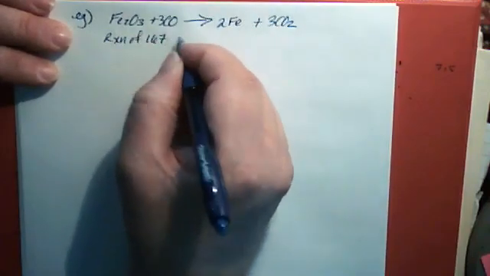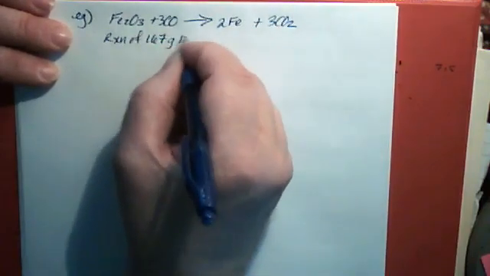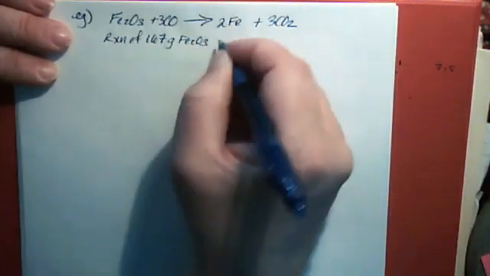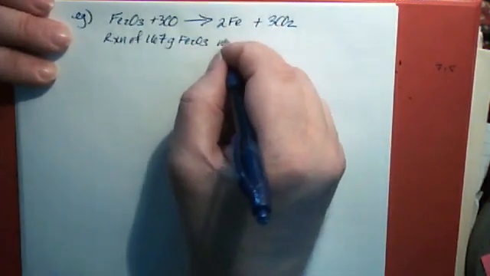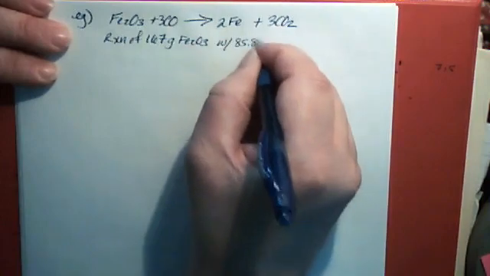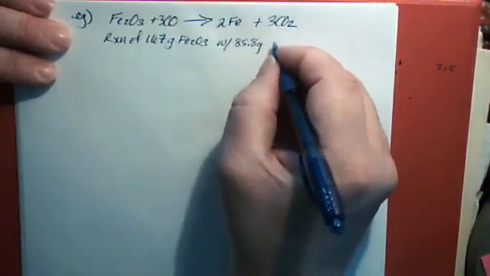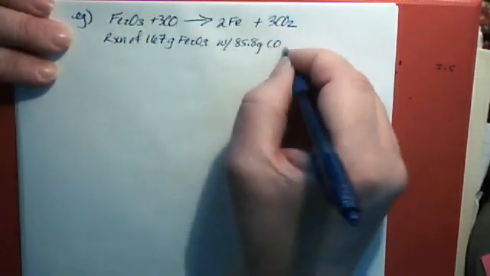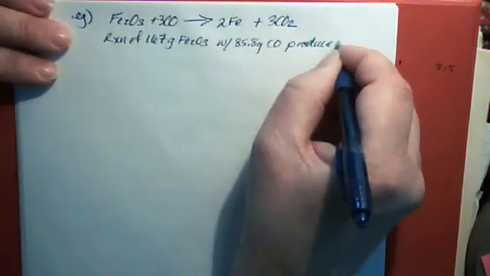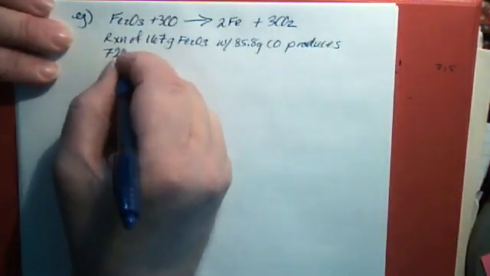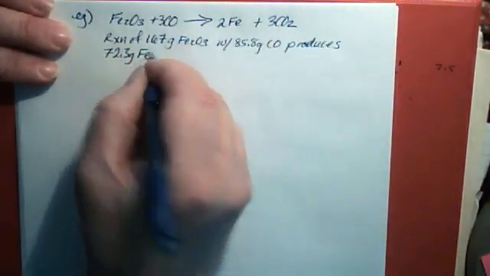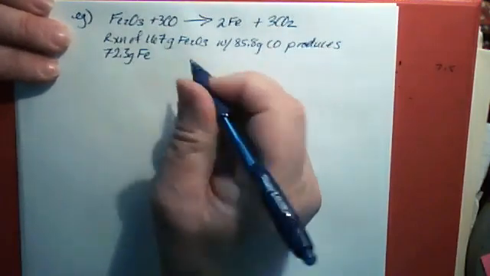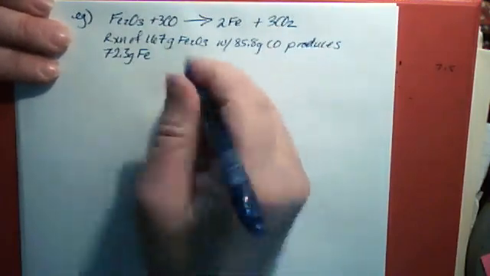So if you react 167 grams of the iron 3 oxide with 85.8 grams of carbon monoxide, and you get 72.3 grams of iron, what are the limiting reagent, theoretical yield, and percent yield?